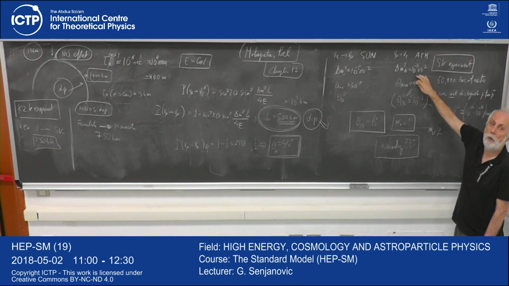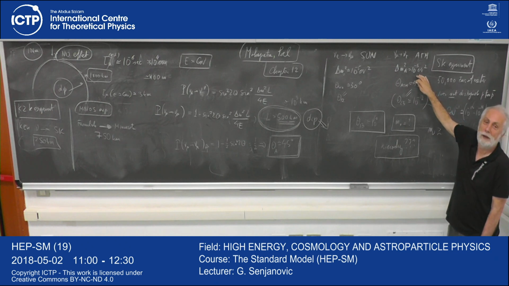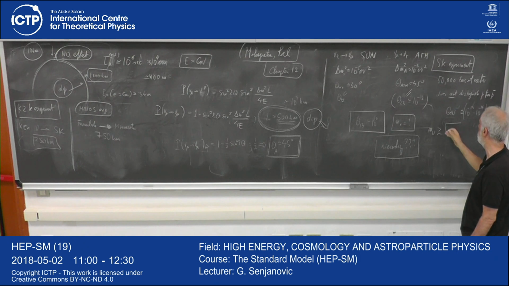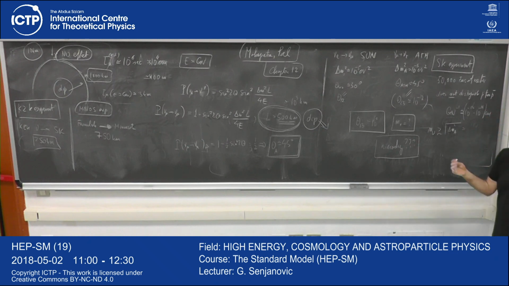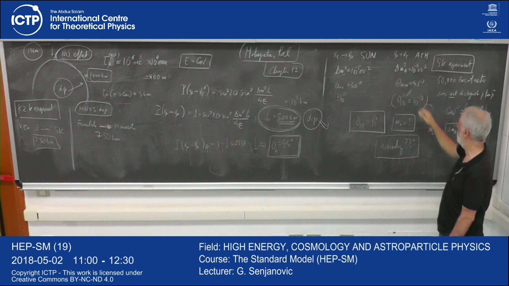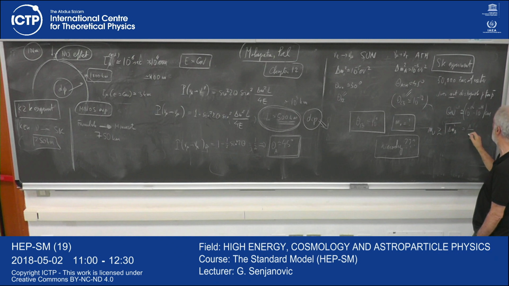It cannot be smaller than that, otherwise the mass difference would end up being smaller. So it's bigger than the square root of delta m squared atmospheric, which is roughly 1 in 30. And I think the correct number is 1 over 25. When I cited, there must be some coefficient here on the order of 2 or 3. So this should be roughly 1 over 20 or 1 over 25 electron volt.